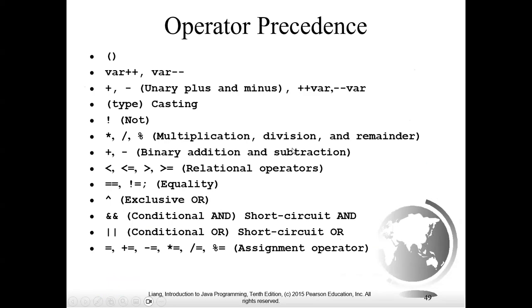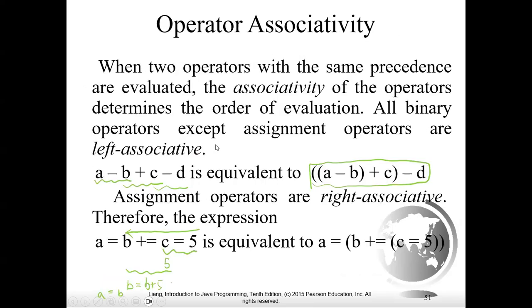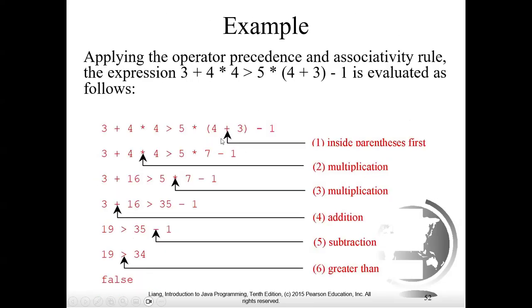Parentheses is always first, right? So here we take the inside parentheses first, calculate it and get the result of 7. And after that, we calculate the multiplication from left to right.